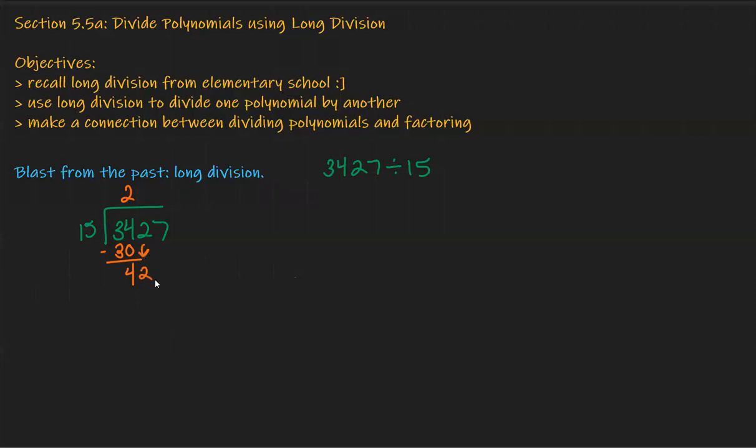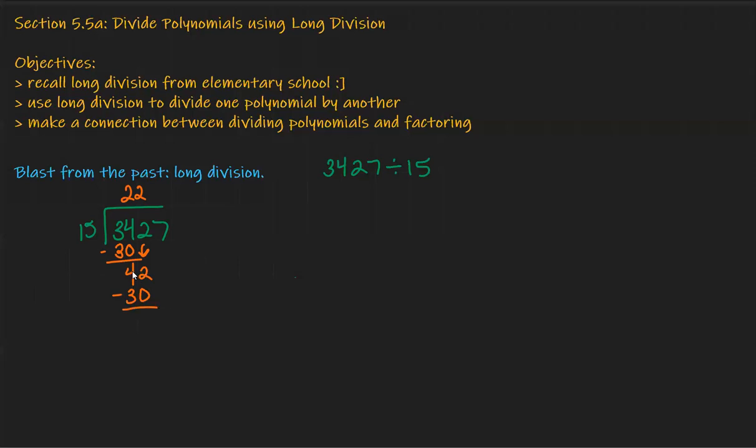Now I'm seeing how many times I can fit 15 into 42. Well, 15 times 2 is 30, and 15 times 3 is 45, which is too big. I want to stay below 42, so it's another 2. 2 times 15 is another 30.